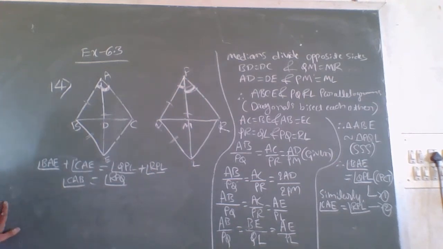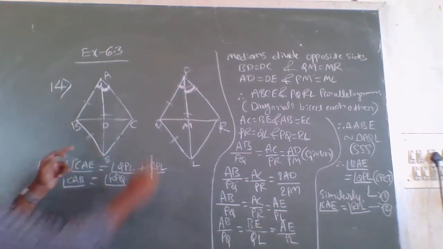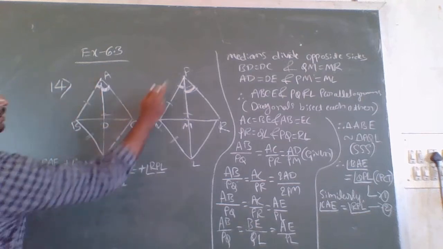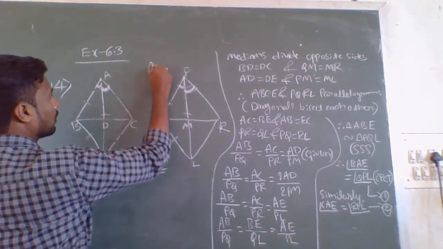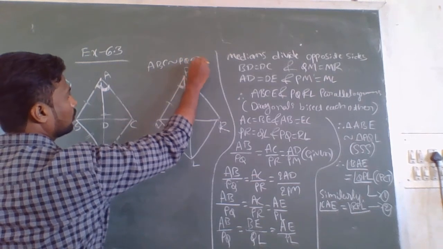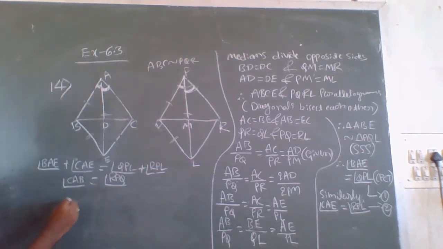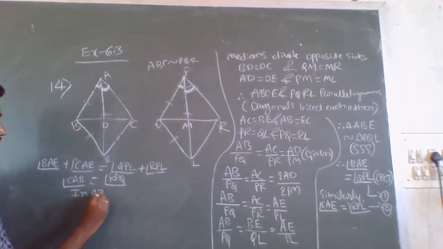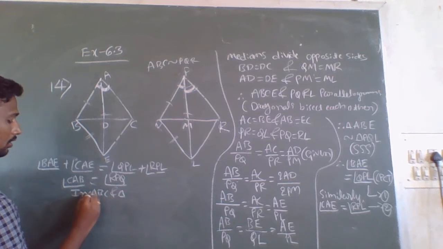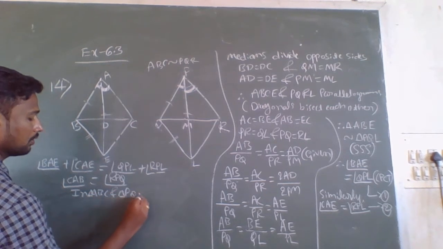Now we can consider two triangles ABC and PQR. What we have to prove here? ABC is similar to PQR. We have to prove this. To prove this, I will consider these two triangles, ABC and triangle PQR.